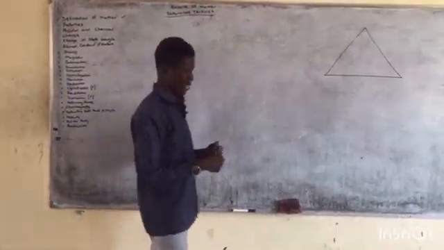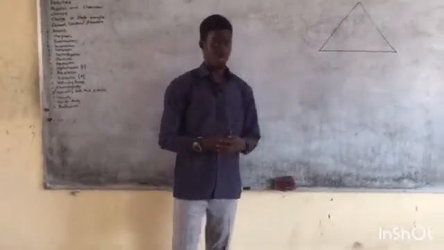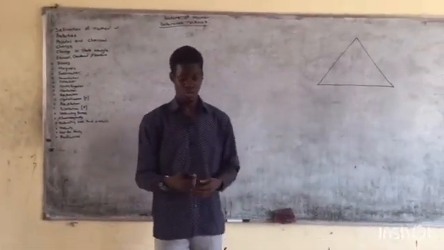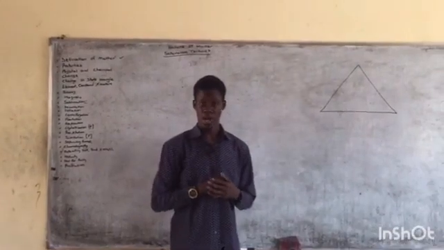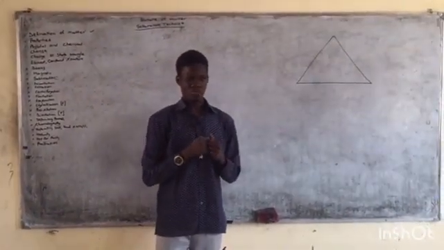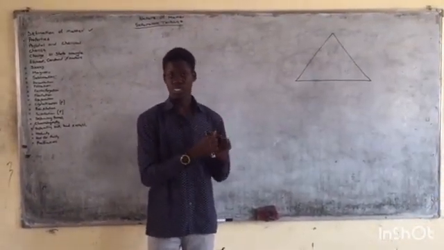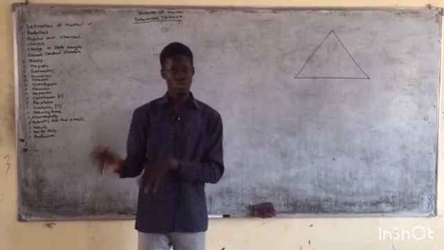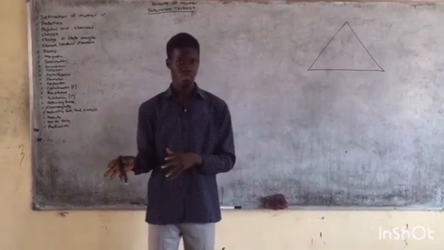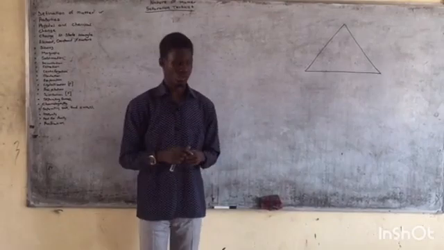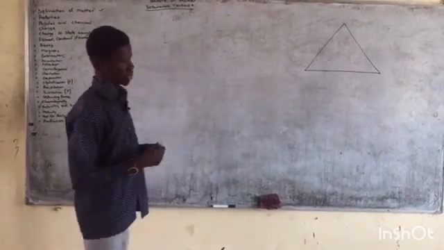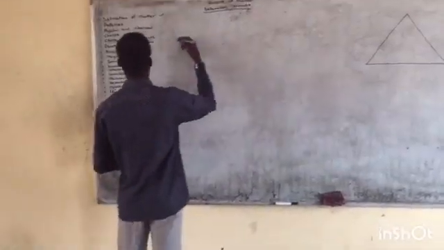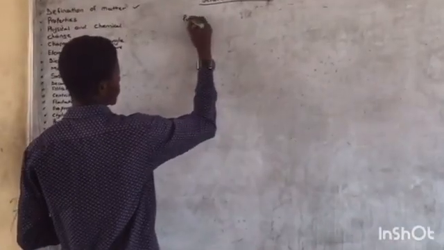Matter is anything that has mass and occupies space. So what are the properties you can detect to say this thing is actually matter? There are two things. The first is the physical properties, and the second is the chemical properties. These are two different things, and I'm going to discuss them now.